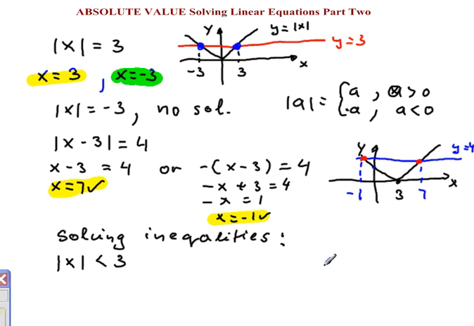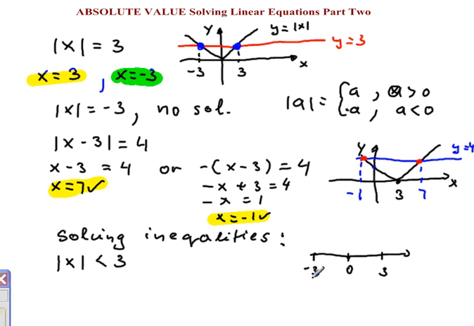By inspection, recall a number line x. The distance from 0, 3 units to the right, say 3 units to the left, and you have to be less than the distance from 0 to 3.